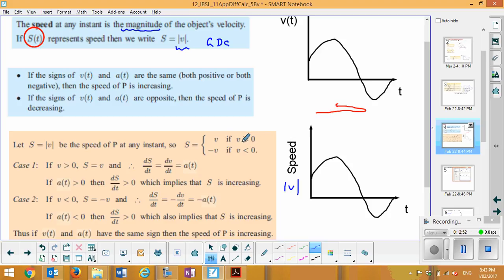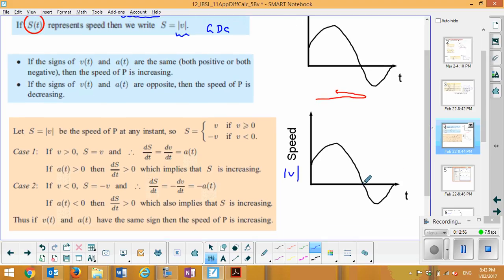Remember, if it's 0, it's considered there. So in other words, this graph then becomes this, if I can copy it like there. So that's what our speed graph looks like. It's the same, comes down, and now just keeps coming up again. So it's always positive. We don't have this negative part when we're talking speed.